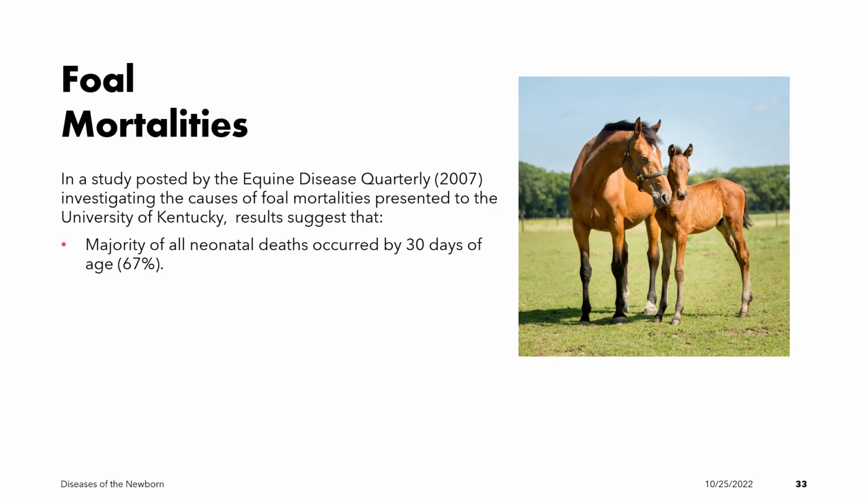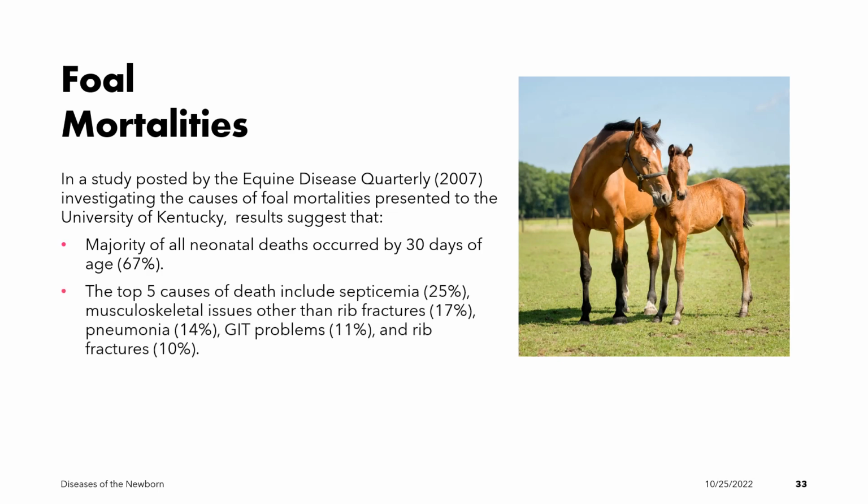The majority of all the neonatal deaths occurred by 30 days of age, 67%, and the top five causes of death include septicemia, musculoskeletal issues, rib fractures, pneumonia, and GIT problems. Under this, for example, we have the neonatal diarrhea, and we also have the rib fractures.